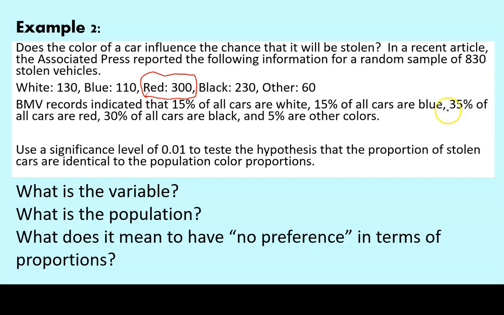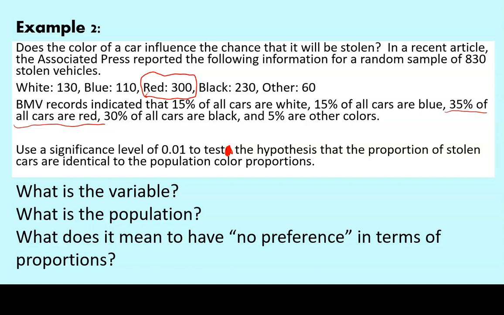So not only were there more red cars stolen, there are just more red cars. The red cars are just more common than any other color of car. So we're going to use a 1% significance level to test the hypotheses that the proportion of stolen cars are identical to the population color proportions.